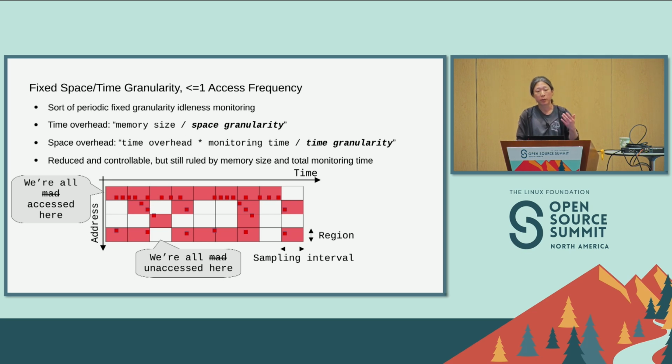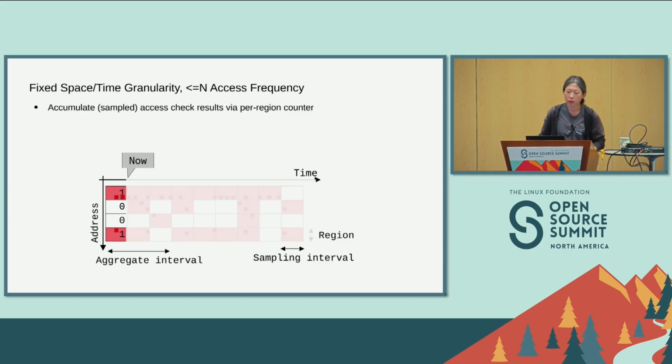This is already very controllable, but the overhead is still ruled by the memory size and the total monitoring time, and the accuracy of this scheme would be very poor because the granularity is fixed. Therefore we slightly improved this scheme by making it capture not only a 0 or 1 access frequency, but an n access frequency.